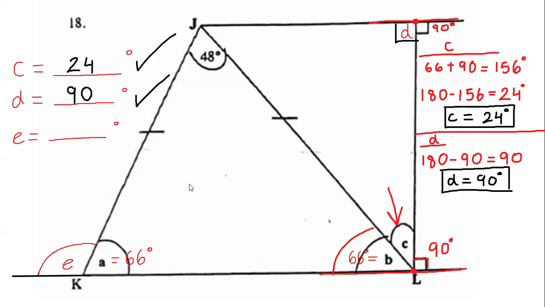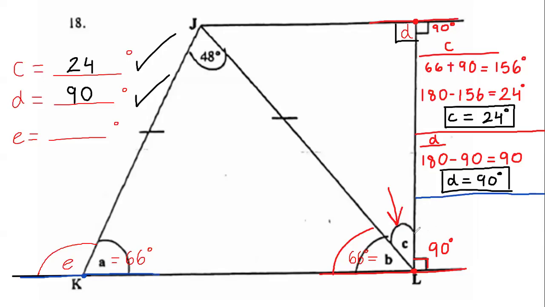114 degrees. I got 114. What y'all do? Me too. 180 degrees minus 66 degrees. Very good, Livingston. So notice that this whole thing is angles on a straight line. So it's on a straight line at a common point.